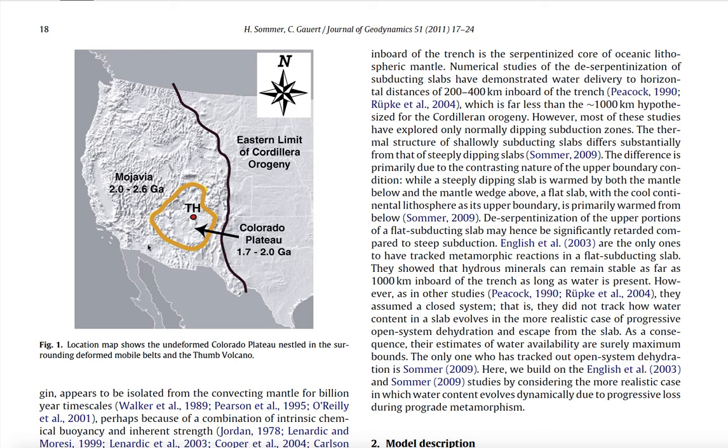If it is deformed to the west of the Colorado Plateau and to the east of the Colorado Plateau, there must be a third component controlling it from beneath, to give a reason why these rock units are not deformed.